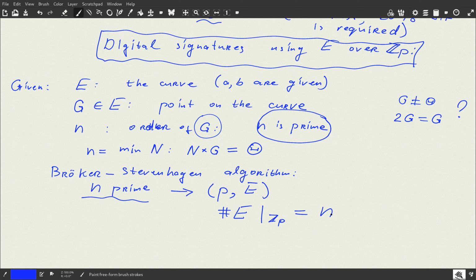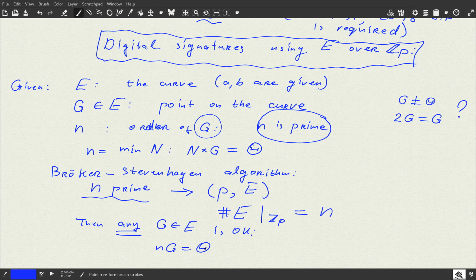we can actually take any element of that curve, and it would have the desired property. Then any G which belongs to this E is okay. nG would be equal to theta. Why?